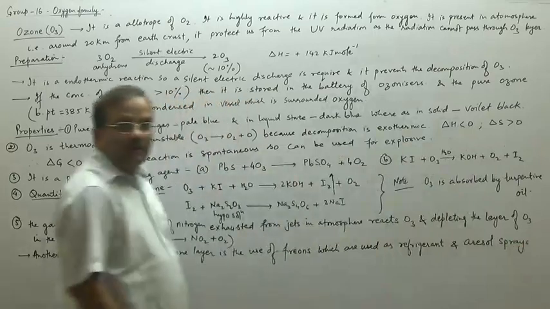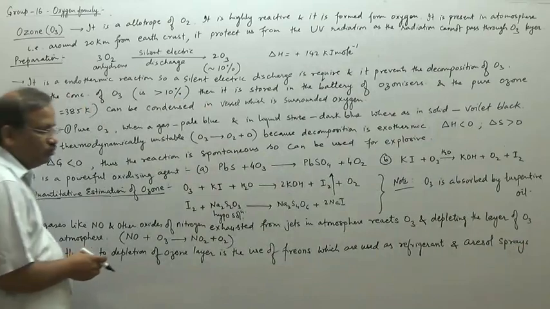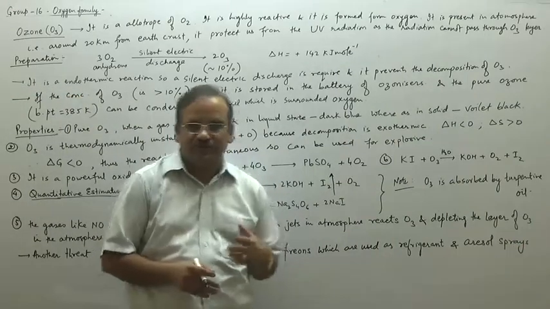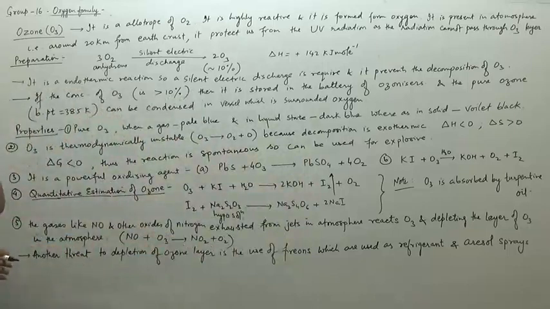So they are depleting the ozone layer. So another threat for the ozone layer is the use of freons, which are used in refrigerators or AC, and that is also depleting the ozone layer.